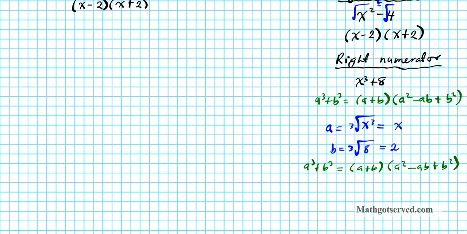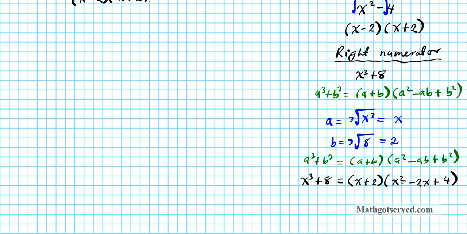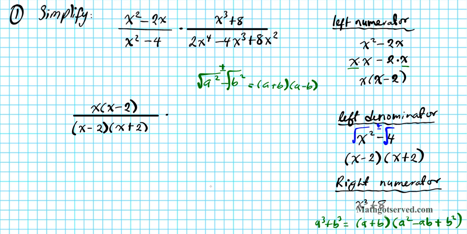In the original problem, a to the third is x to the third, b to the third is 8, equals a is x plus 2 times a squared is x squared, minus ab, the product of these two, which is 2x, plus b squared, which is 2 squared, that's 4. So this is the factored form of the right numerator. Now we're going to insert this factored form into our original problem. So let's go ahead and do that.